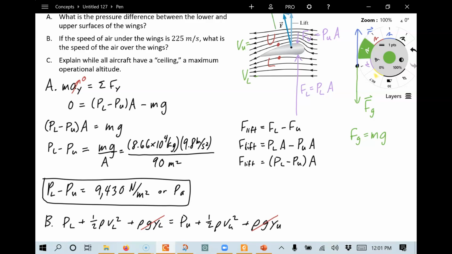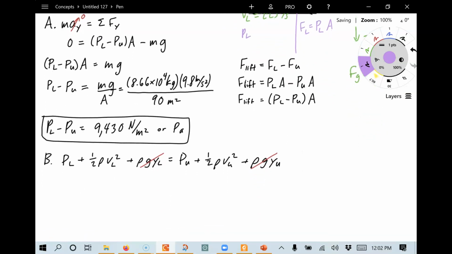The lower speed here is 225 meters per second. The upper speed we don't know. Now the pressures, we've got pressures that are below and above, so we've got your P upper, your P lower. We don't know those individually, however, we do know what the difference is, so those are known in a sense. Going to Bernoulli's equation, we can relate those a little bit.